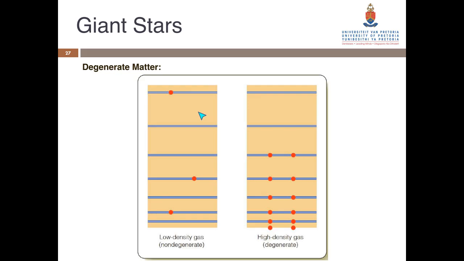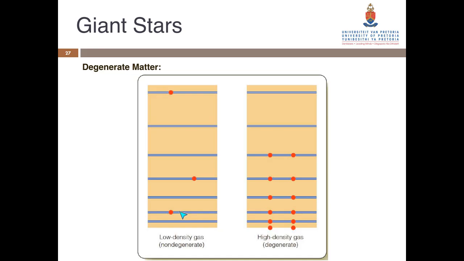Just know it. For example, with degenerate matter, when you have a low density gas, most of its energy levels, or we can call them valence orbits, are open, and there's not an electron on each energy level. Usually in each orbit or energy level, we can have two electrons that spin in opposite directions.